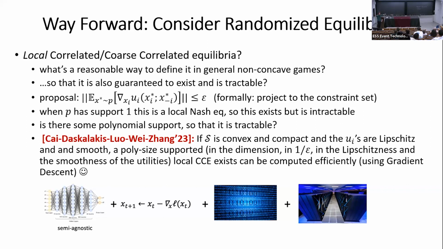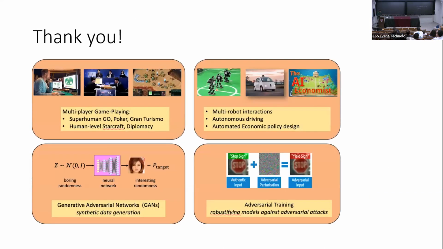So the next relaxation is to consider, rather than Nash, correlated equilibria, and ask whether these become tractable. And it happened. So these are the good news for today's lecture. I had an extra slide for global correlated equilibria, but I'm going to skip it in the interest of time. And thank you very much.